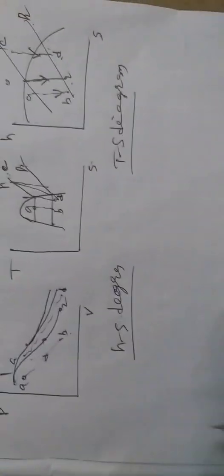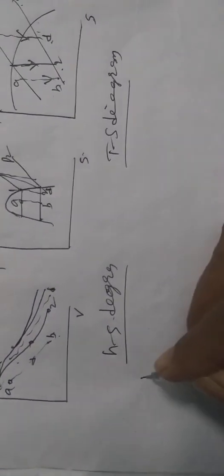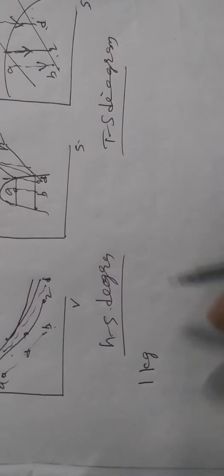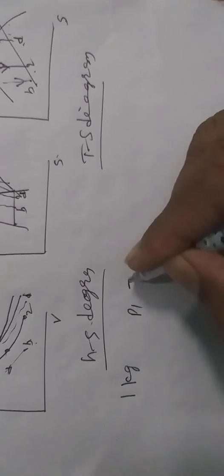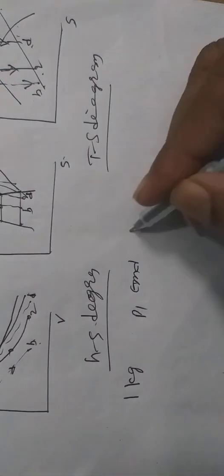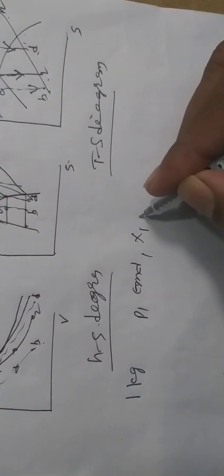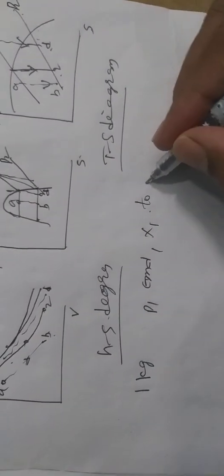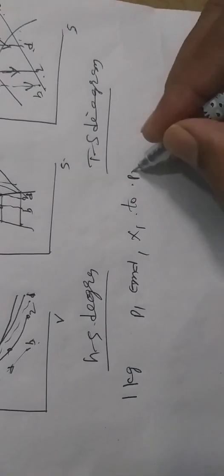Let 1 kg of steam expand from initial pressure P1 and dryness fraction X1 to final pressure P2.